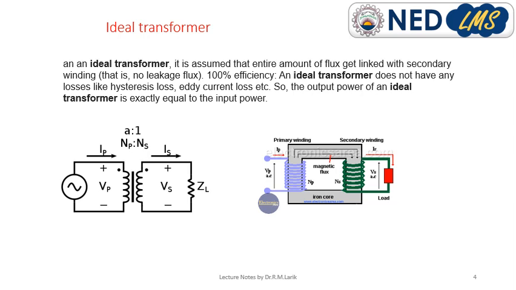So in an ideal transformer, the losses are zero, so efficiency is 100%. And the number of turns of the primary and secondary coils is the same. But this is an ideal transformer, not a practical transformer.